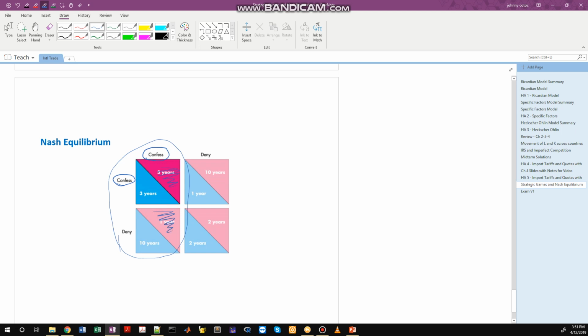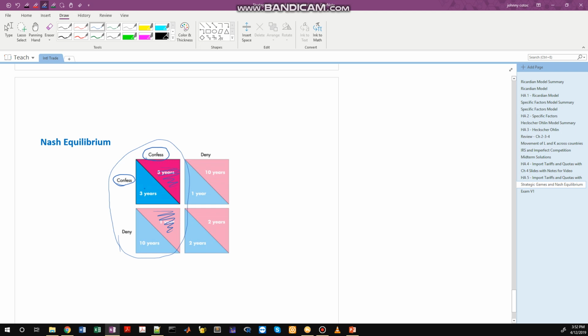I'm not picking between the pink, right? Because this is person B's decision given A's option. So when we choose the first column, person A has made the option to confess, and we look at person B's choice to either confess or deny. And then when we look at the second column, it's the same thing.